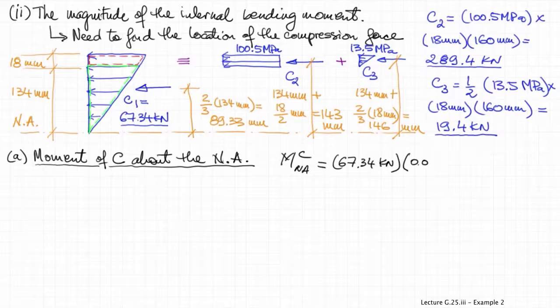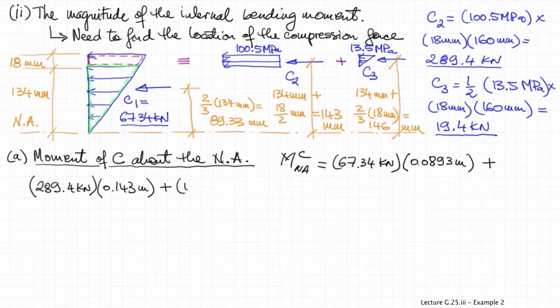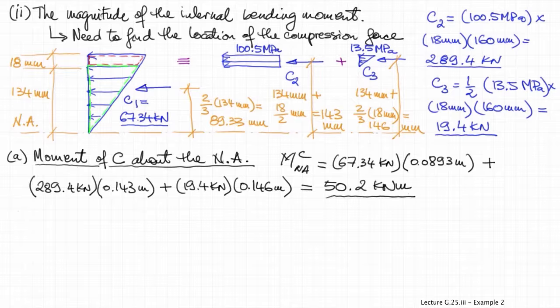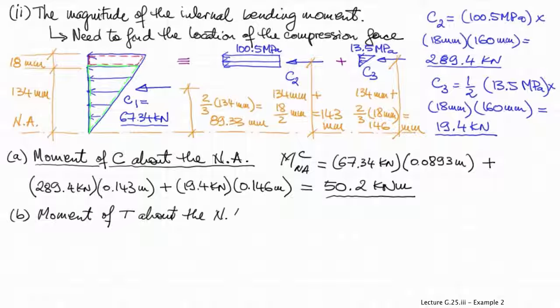So 67.34 kilonewtons times 89.33 millimeters, or 0.0893 meters, plus C2 multiplied by 0.143 meters plus C3 multiplied by 0.146 meters will give us a total moment for the compression stress block of 50.2 kilonewton meters, rotating, of course, counterclockwise.